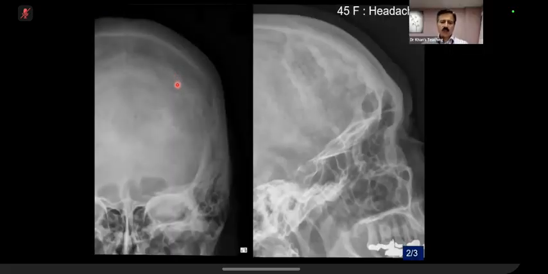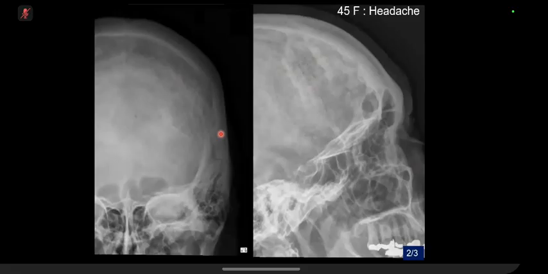Okay, if you see here, there is a lesion here, and the same lesion is projected on this lateral, and there is a bit of marginal sclerosis. Now, what will be your diagnosis or differential? So it's quite a well-defined lesion with marginal sclerosis.